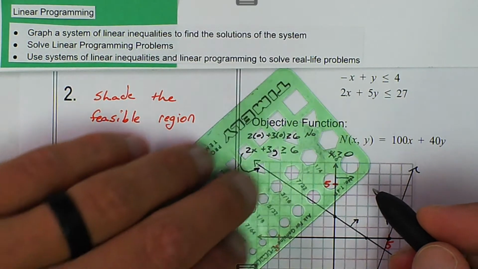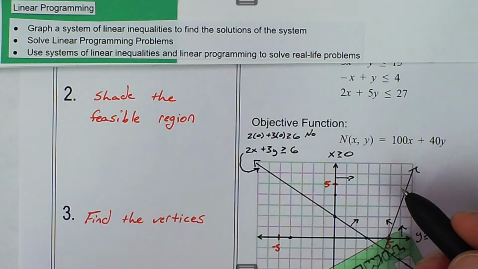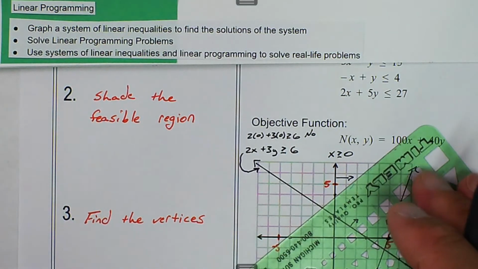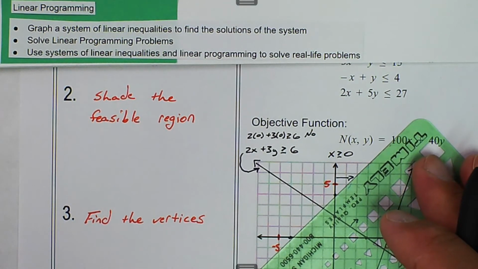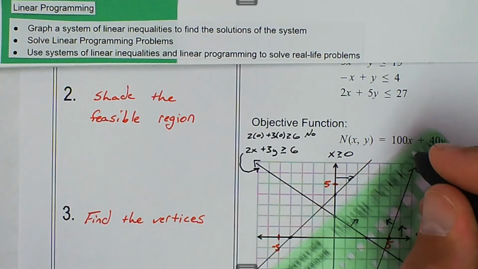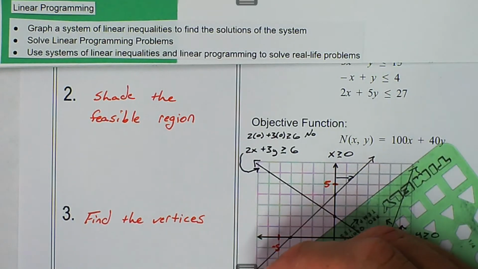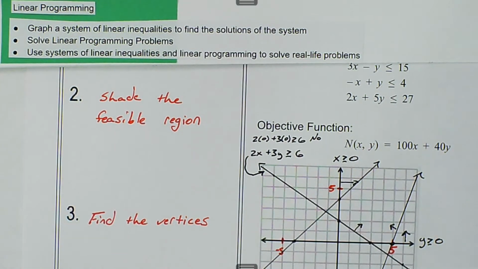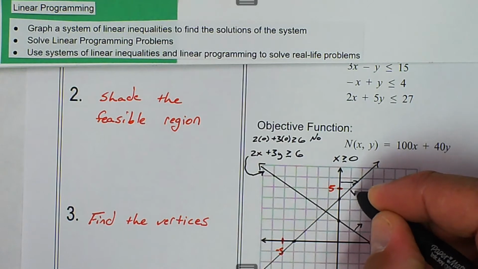So we have that graph that goes through those 2 points with a slope of 1. And we have to be on this side.